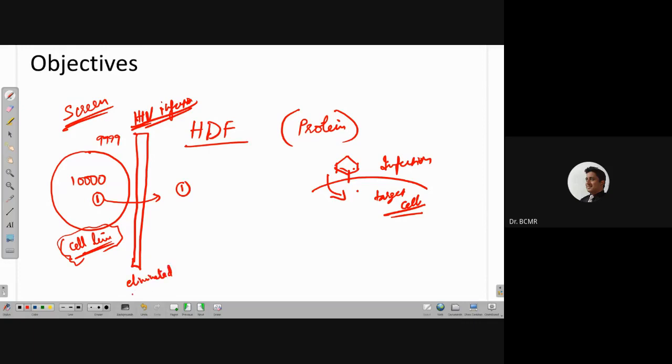The remnants which did not get infected, HIV negative, are the cells that are resistant to HIV.